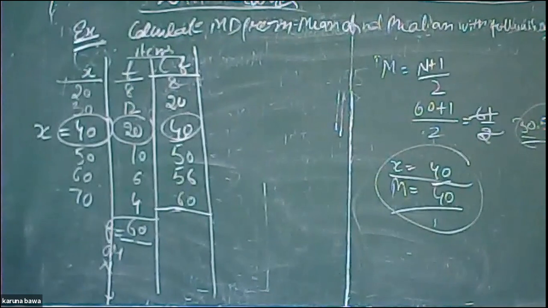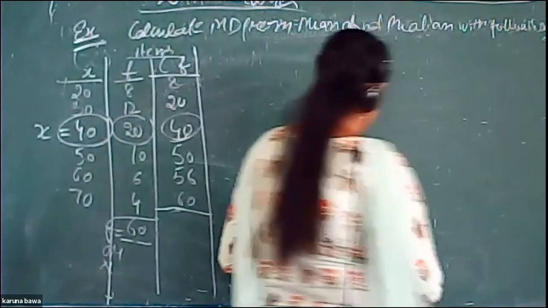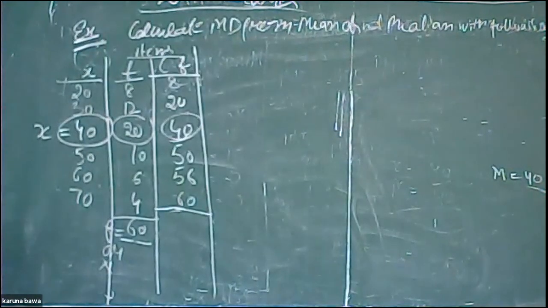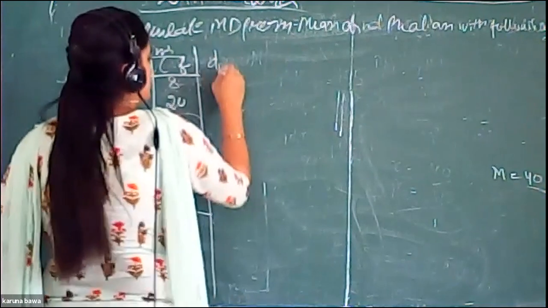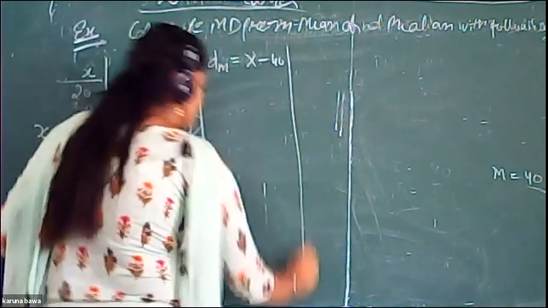On the other hand, secondly, find out the deviation from median. Deviation from median is x minus the median value, which is 40.